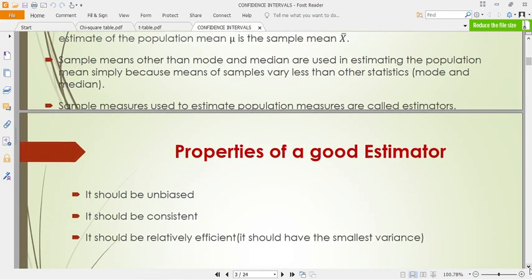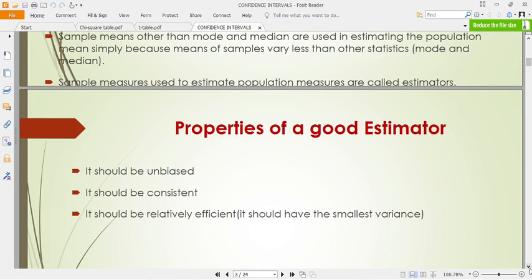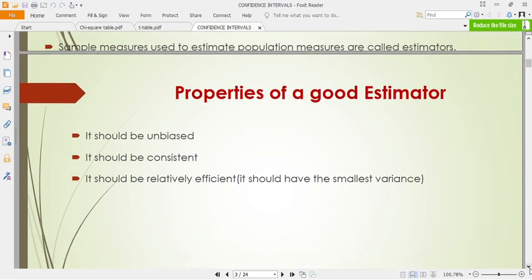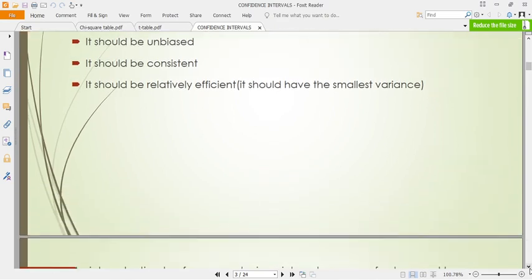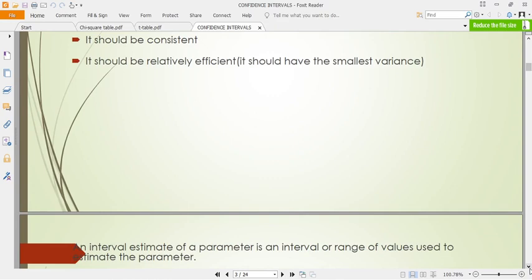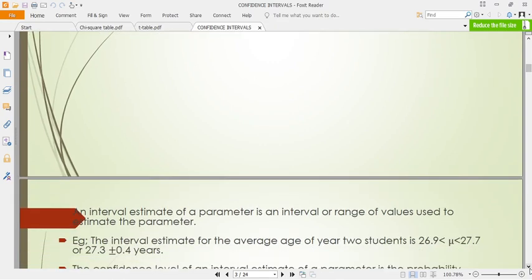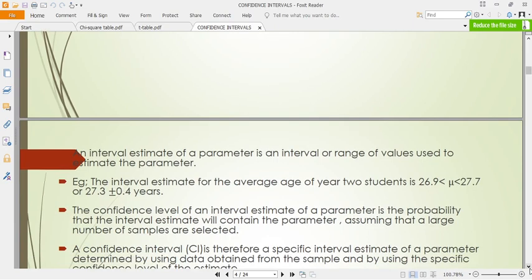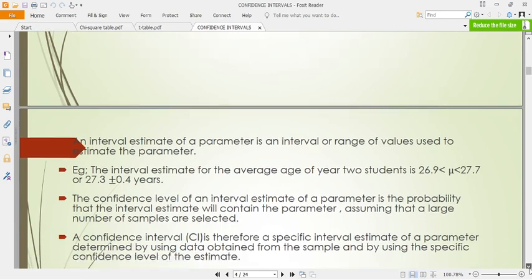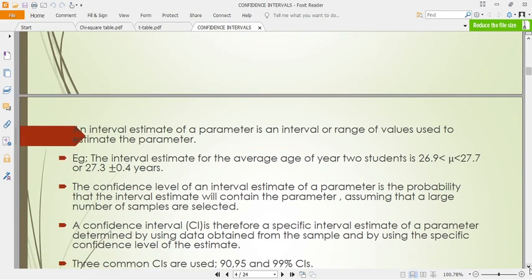So therefore, when you're choosing an estimate, what properties must it have? It should be unbiased, it should be consistent, and then it should be efficient. It should give the smallest variance of variation. So an interval estimate of a parameter is an interval range of values used to estimate the parameter.